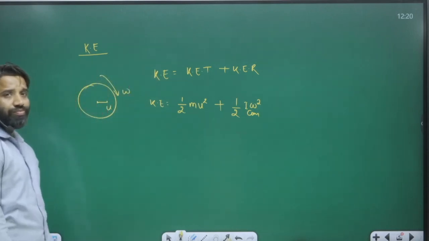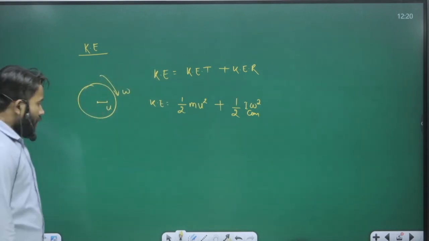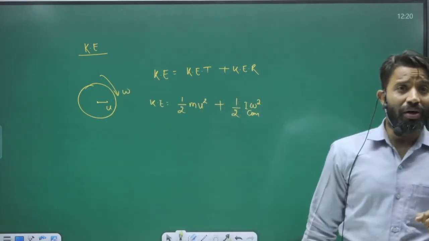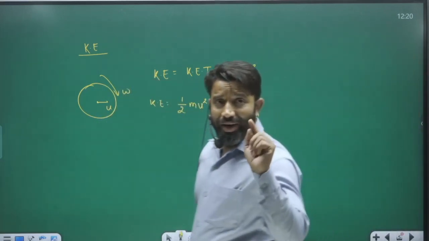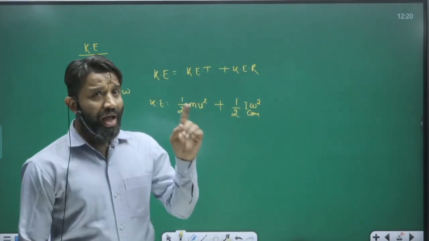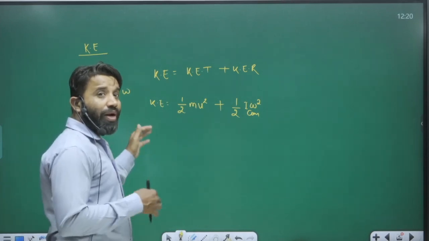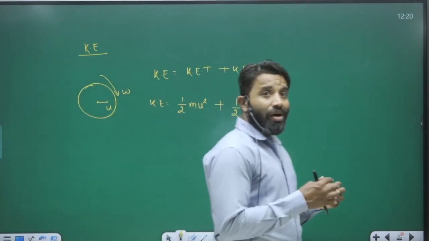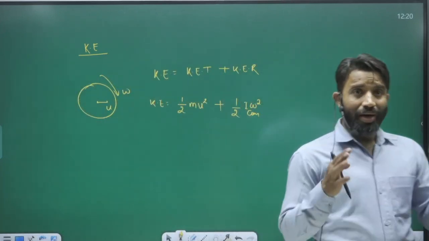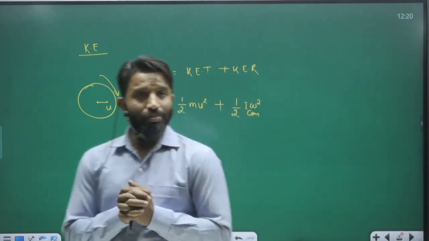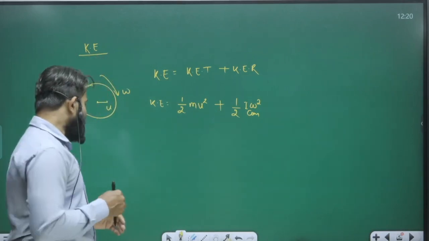Okay. So, whenever we need to write the kinetic energy, we will write the kinetic energy due to translational motion as well as rotational motion. In the latter part, we will discuss how to write the kinetic energy of translation as well as rotation in a single term. Okay. But we will discuss that later.